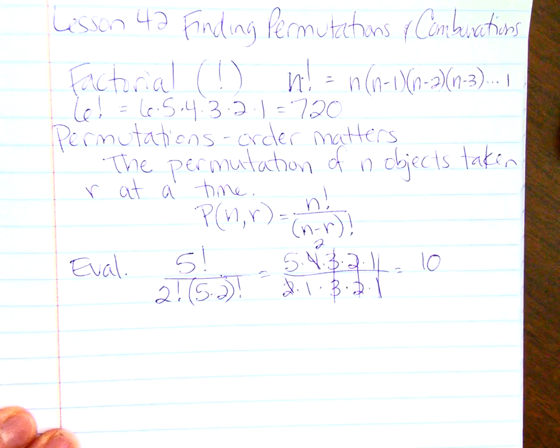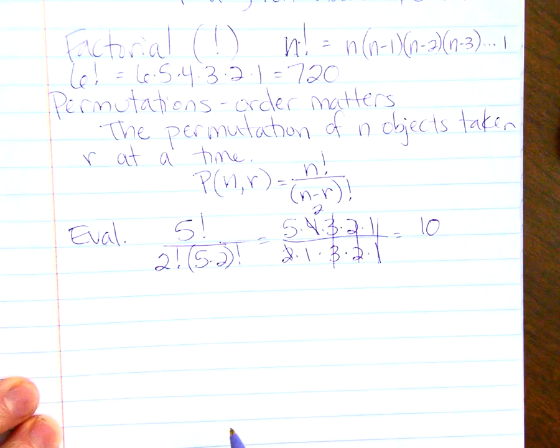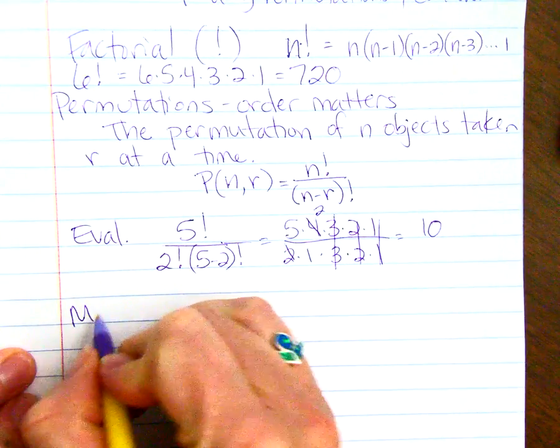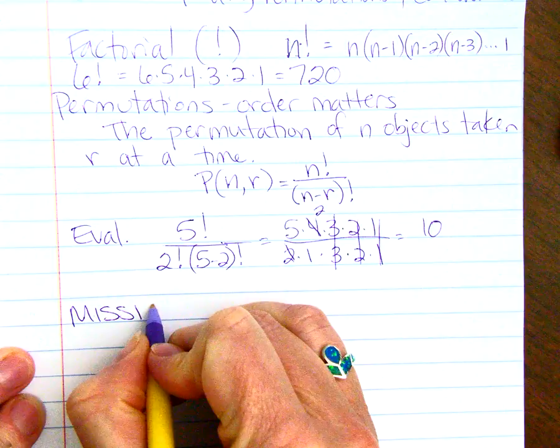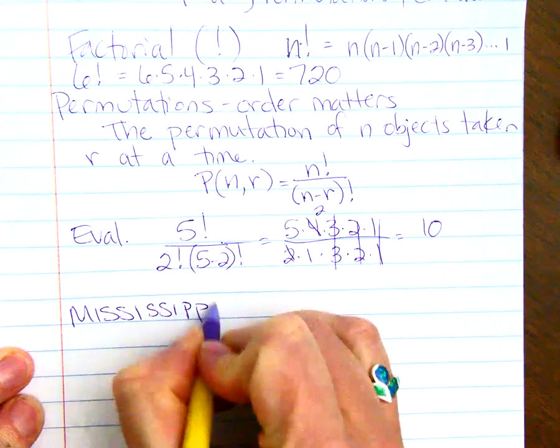We're going to look at the word Mississippi because it has lots of S's, lots of P's, and lots of I's in it. M-I-S-S-I-S-S-I-P-P.